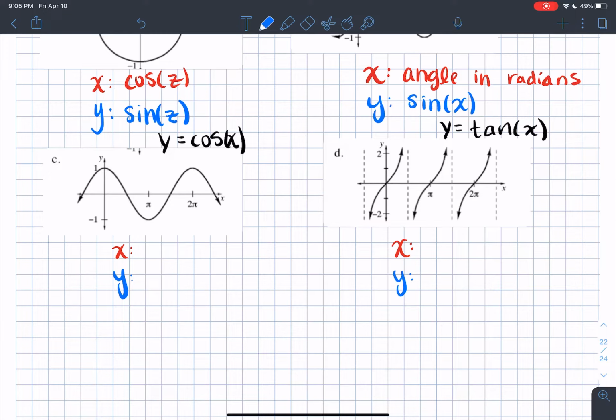So for part C, y equals cosine of x is represented, again, the same as part B, as the angle in radians. And y is represented by cosine of x.